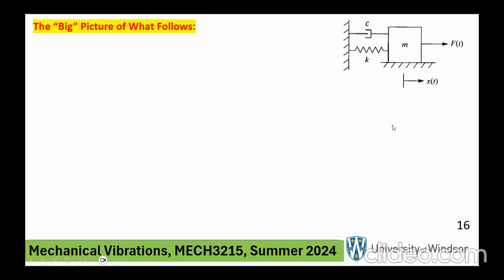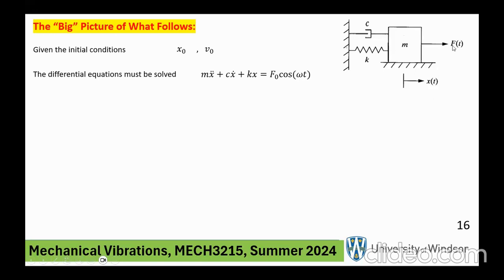Remember, in the last 40 minutes, we didn't consider the damping. It was all forced vibration of an undamped system. Now we do. So we are giving this thing an initial condition, maybe it's sitting at zero, and we are also applying a harmonic force to it. So this is the big picture.